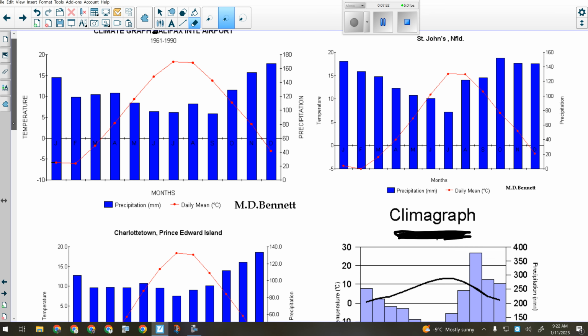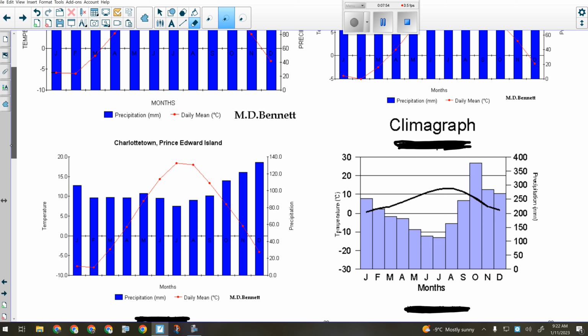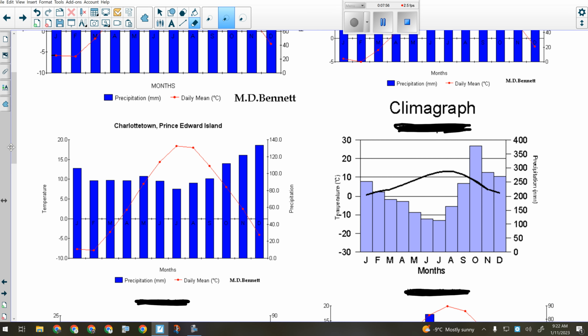Now, what about that one? Obviously the format of the graph is different, but the shape of the graph is also a bit different. This one here, the coldest temperature is above freezing.